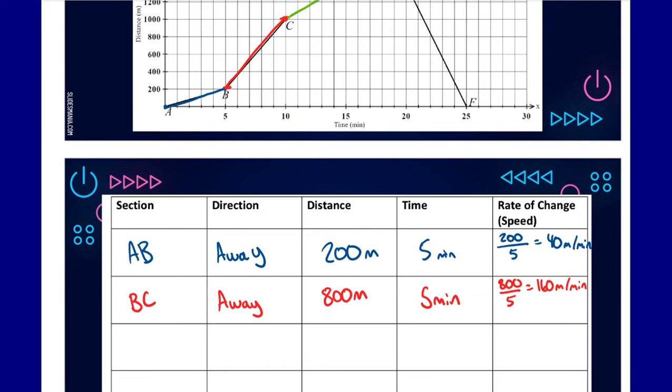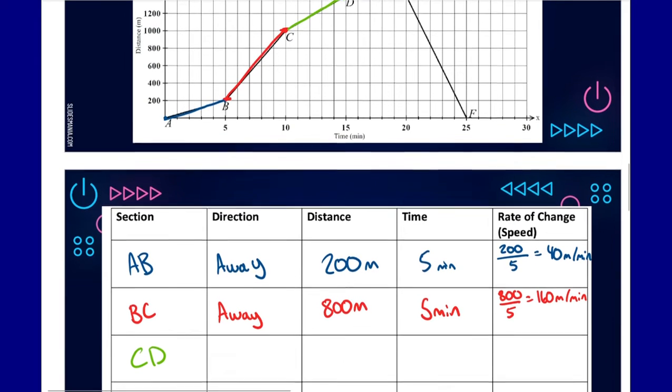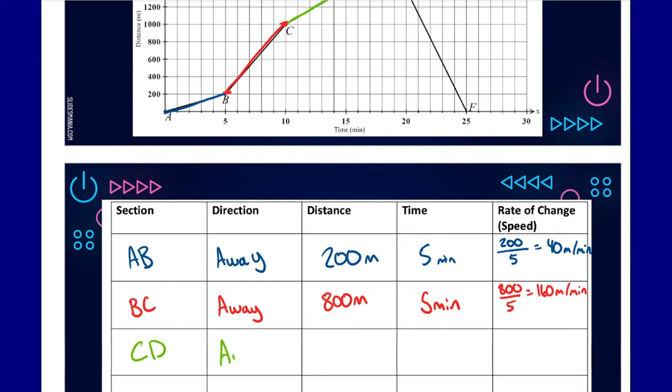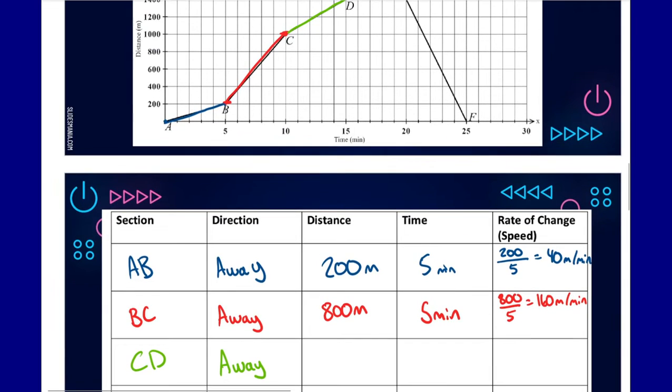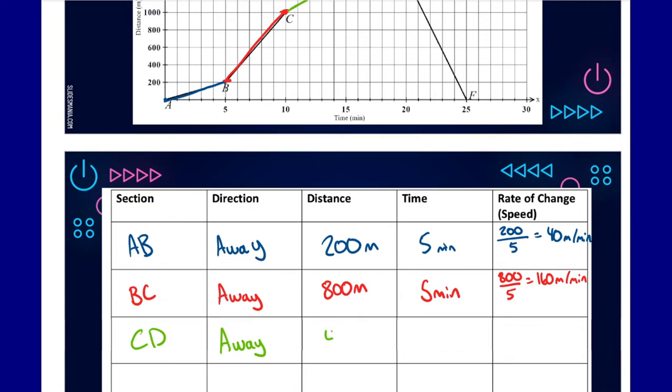He just sprinted for 5 minutes. So CD, again, the line is increasing, so he's moving away. The distance traveled, in this case, from 1,000 to 1,400. He traveled 400 meters in 5 minutes.